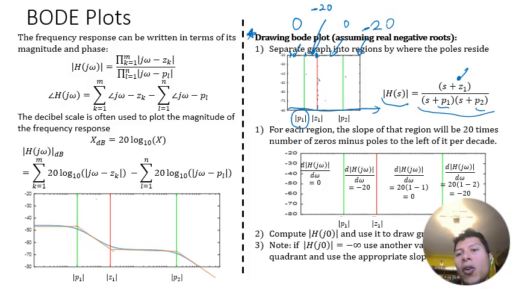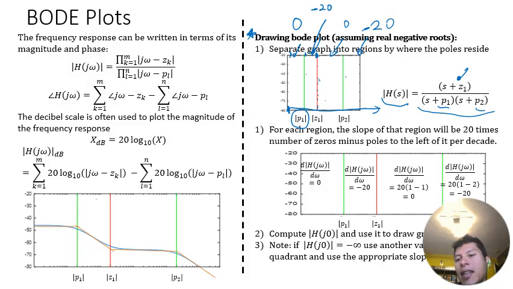Once I know my slopes, I can just figure out what the value is at this point and then just draw my plot. That's one way to generate these plots. So we're going to go over an example of using this heuristic, which is actually equivalent to what we just did.